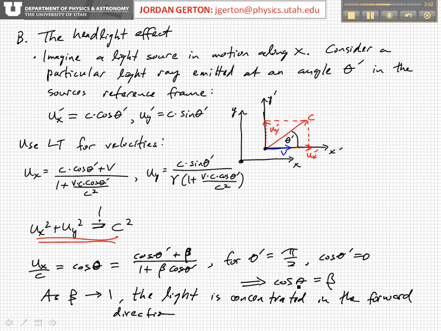Basically, the faster an isotropic source, a source which is emitting in all directions, moves, then from the point of view of an observer at rest with respect to this moving source, the light gets more and more concentrated in the forward direction. Okay, so that's the headlight effect.